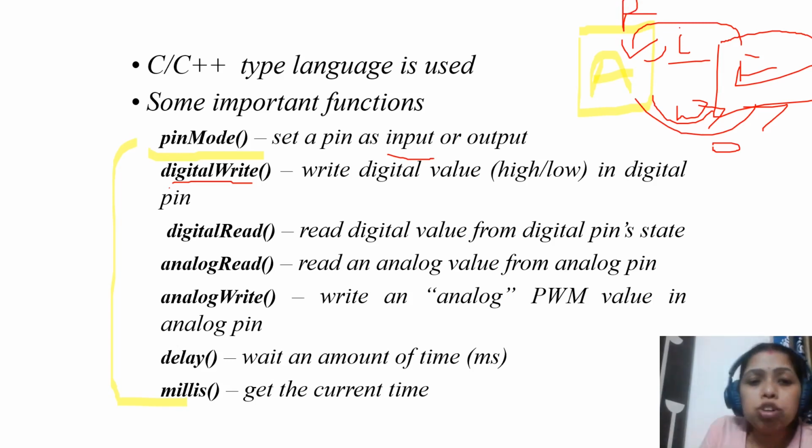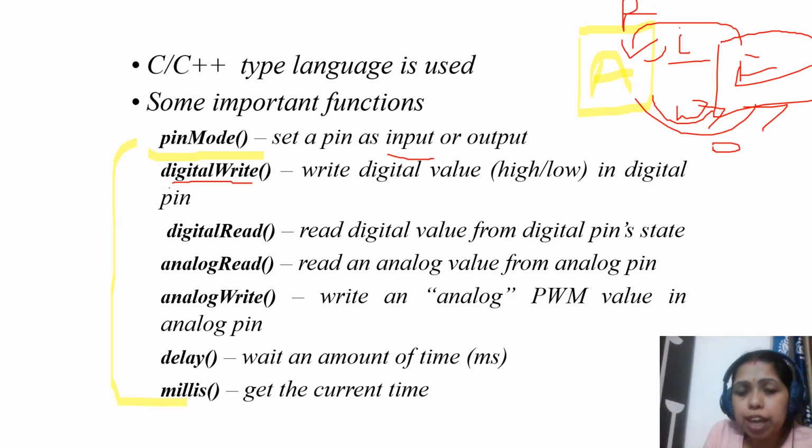So digitalWrite is used when you want to send the data from the Arduino to the external device. Write means you are sending data from the Arduino to the external device. Digital means whatever data you are sending is in digital form.